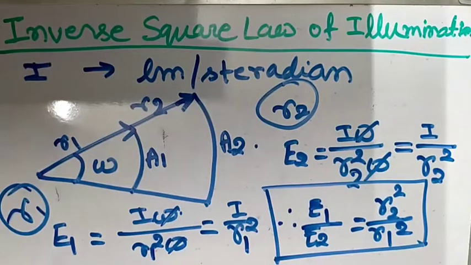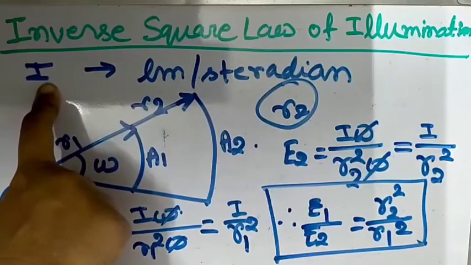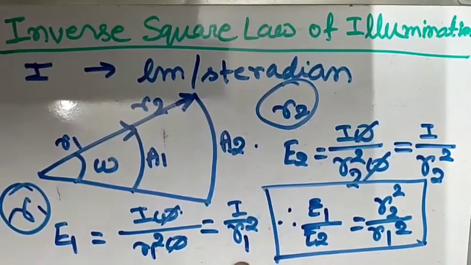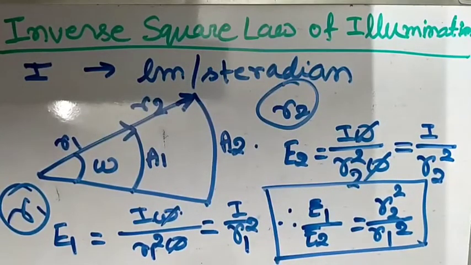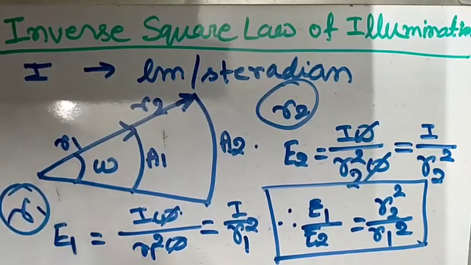That means E1 is proportional to I, the luminous intensity, and E1, that is illumination, is inversely proportional to R1 square. R1 is the distance from the center position to the point where we calculate the illumination. So this is the inverse square law of illumination.